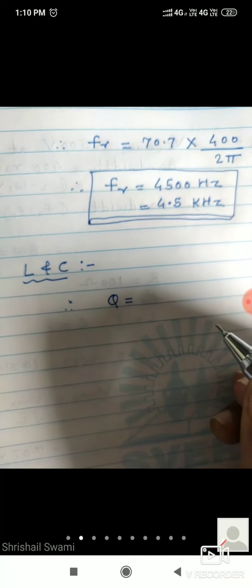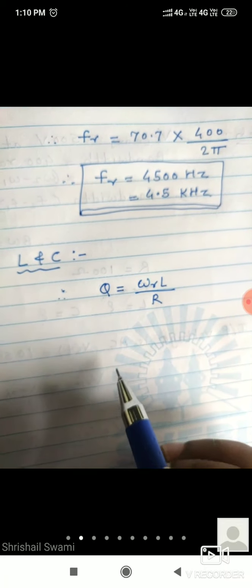So first formula is Q is equal to omega R L divided by R. Right. So omega R means what? That is 2 pi FR into L divided by R. Okay. Q is known, FR is known, R is known, L you can easily find out.